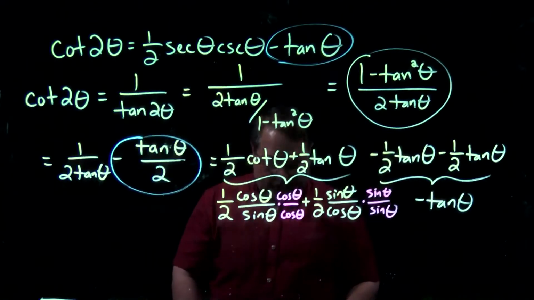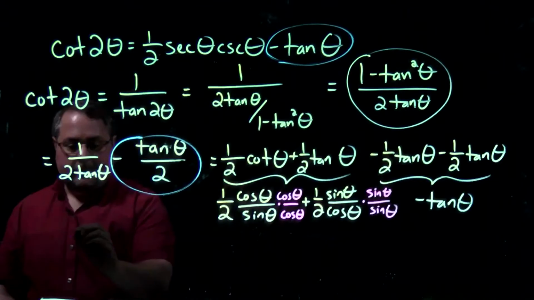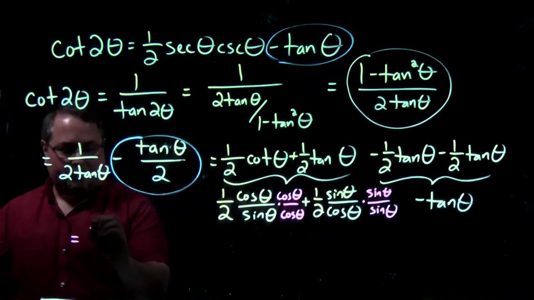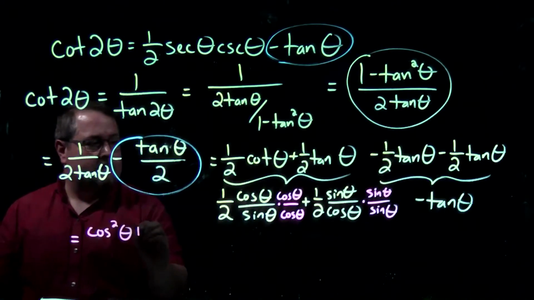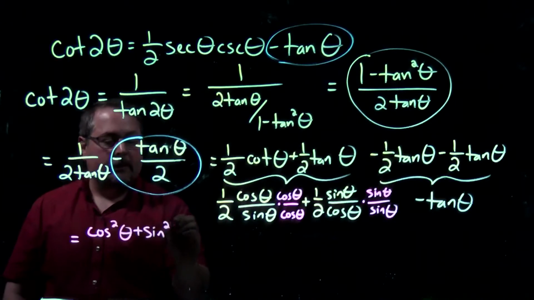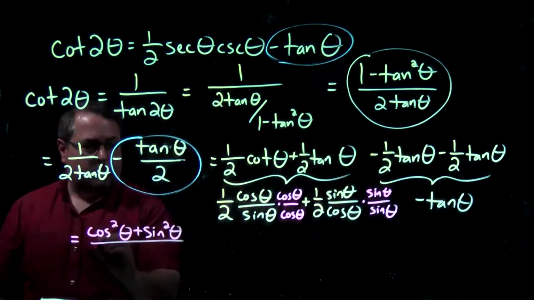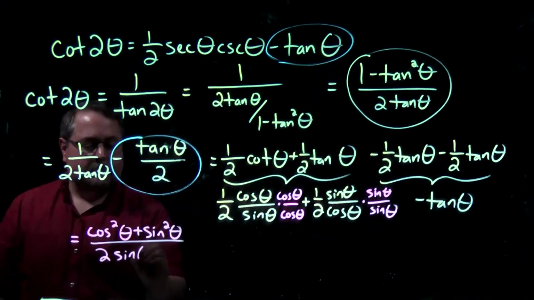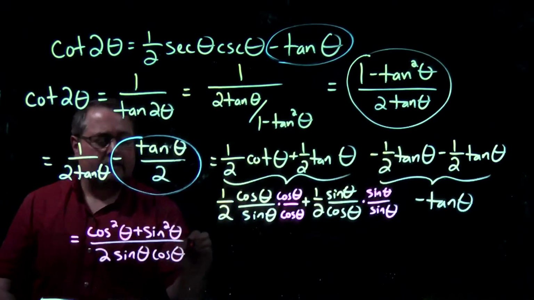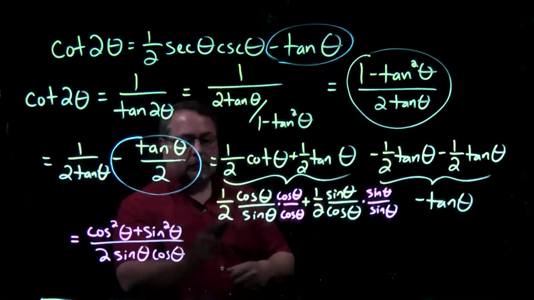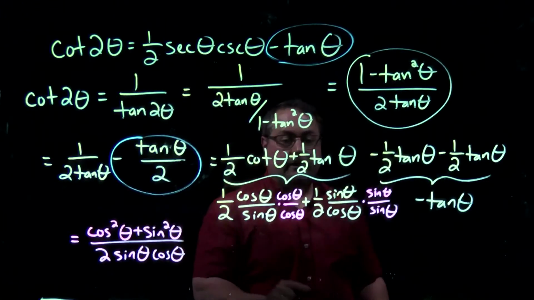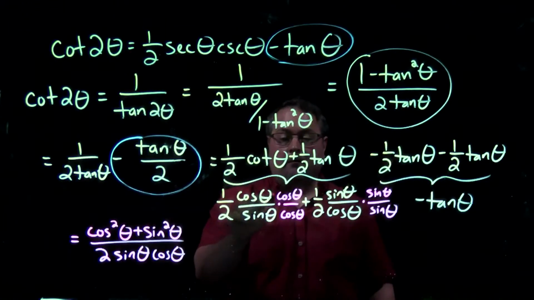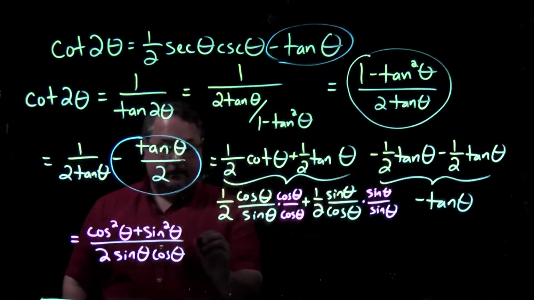Okay, so then what we end up with, all told, is cosine squared theta plus sine squared theta over 2 sine theta cosine theta. So that's our first term. So we have the 2 on the bottom, we have the sine theta and the cosine theta on the bottom. Then up top we'll have cosine squared plus sine squared.